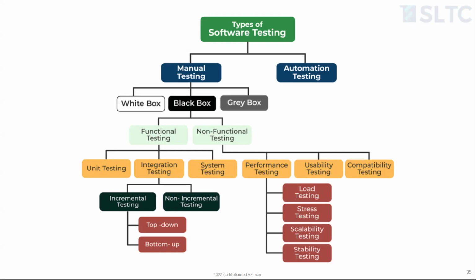So functional is what we did today: unit testing, integration testing, and system testing. Right? Non-functional is where you have things like performance, usability, compatibility. Under performance, you do load testing, stress testing, stuff like that. So for a serious application, all these boxes are required. Okay.